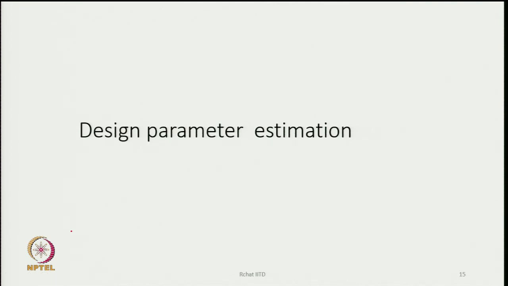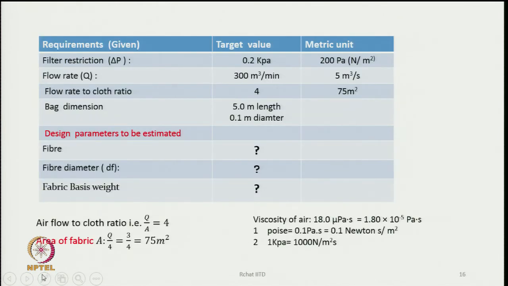Now, we are going to estimate design parameters, and we take an example. The example is filter restrictions, that is restriction of pressure. The pressure drop is 0.2 kPa, that is 200 pascals. Flow rate is 300 meters cube per minute, and air flow to cloth ratio is 4.